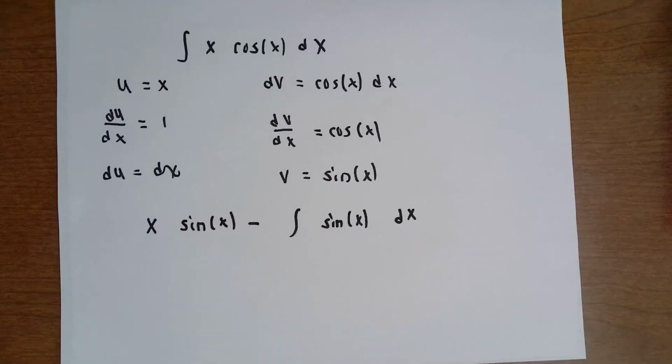This new integral is easier to do than the original integral was. An antiderivative for sine x is negative cosine x, so we will have x sine x minus the negative of cosine x, that is, plus cosine x, plus a constant of integration.